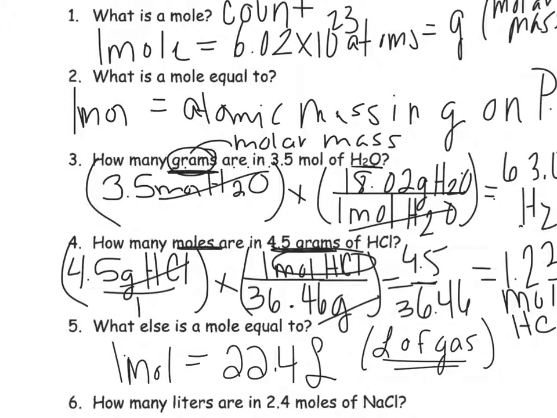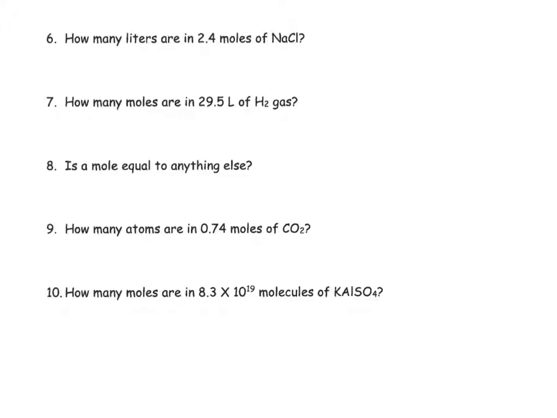And to notate liters, I usually do a capital L. Okie doke. So if 1 mole is equal to 22.4 liters, then how many liters are in 2.4 moles of sodium chloride?